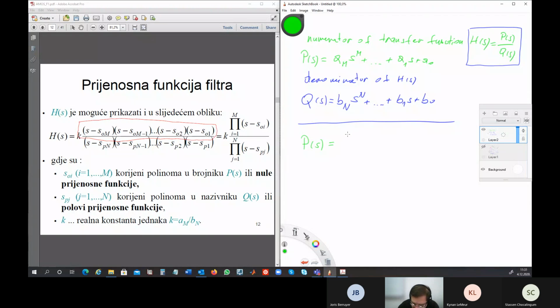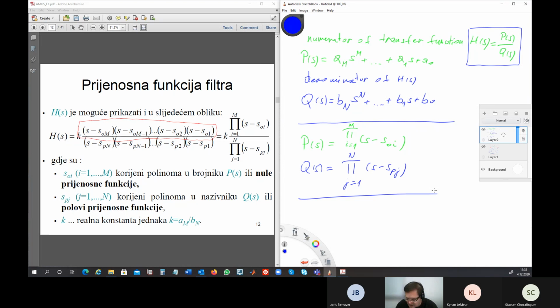So we can write it as a multiplication, a_m times the product of s minus s0i.